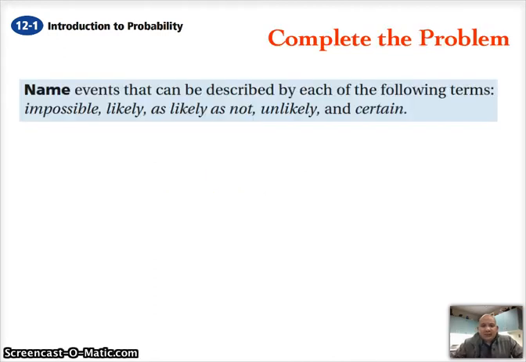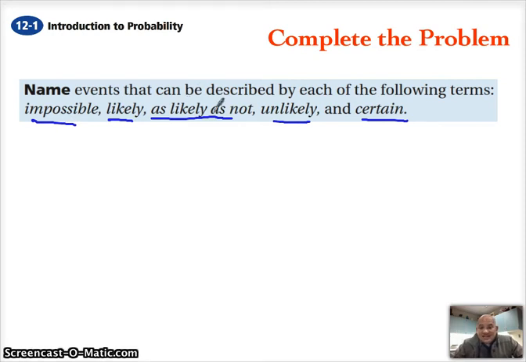Now here's your complete the problem. I want you to go ahead and record these terms: impossible, likely as not, unlikely, and certain, and describe an event for each that would fall into that category. What's an example of an event that will be impossible to occur? An event that will be likely to occur?